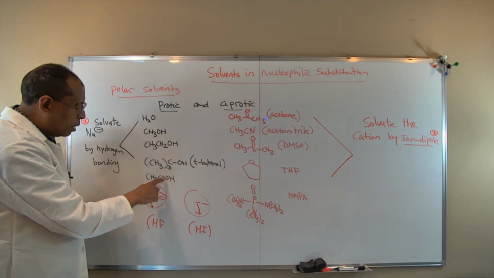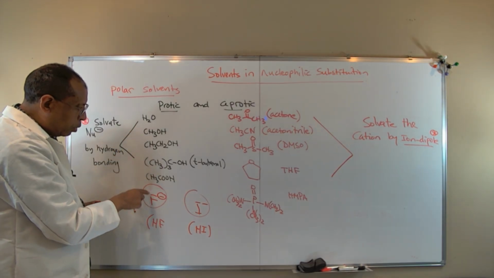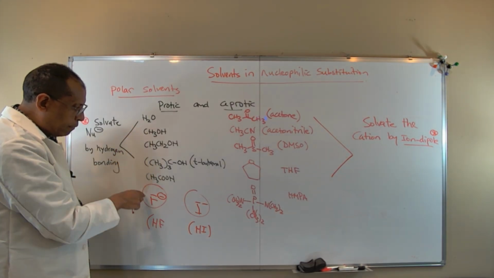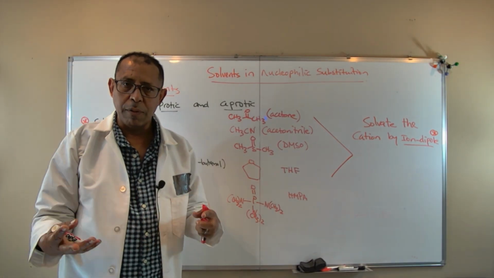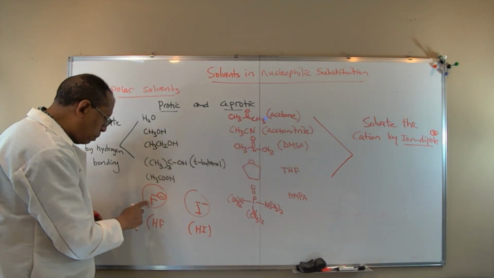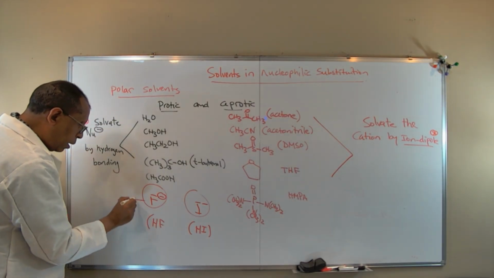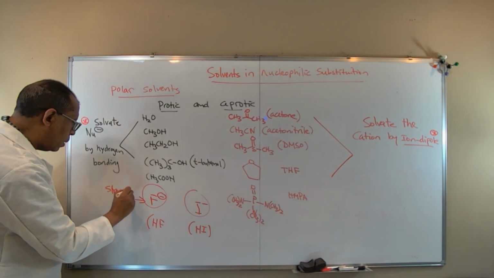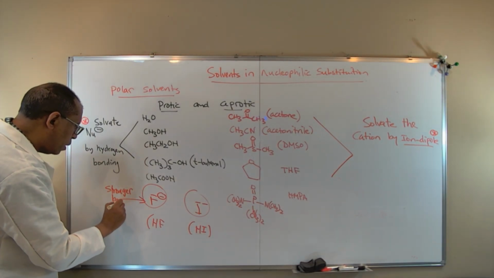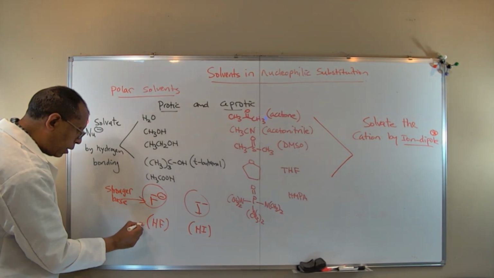That means the more the anion makes hydrogen bonding with one of these solvents, the less nucleophilic it would be. Despite this being a stronger base than iodide, remember this is because it's generated from a weak acid.